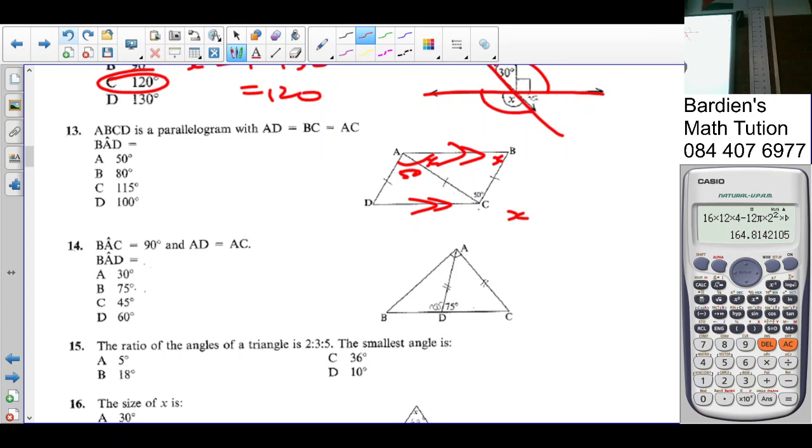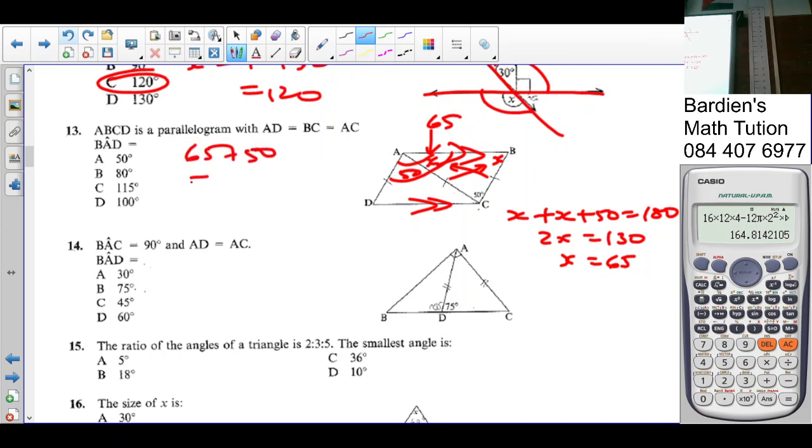Then we got x. Why is it x? Because, right, angles opposite equal sides. X plus 50 equals 180. So 2x equal to 130. X is 65. So in other words, that is 65. So this whole angle is going to be 65 plus 50, which is 115. Makes the answer C.